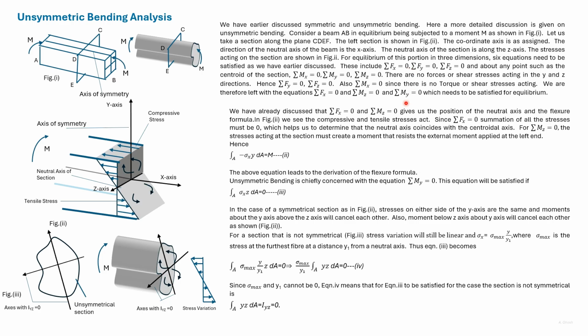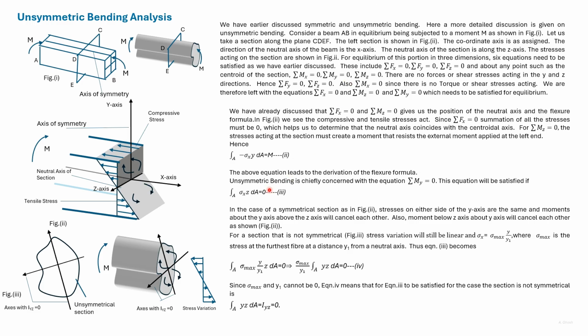Hence, we are left with this equation. There's no moment acting about the y-axis, and we get this expression. There was a moment M acting about the z-axis, so we had M here on the right-hand side, but here we have 0.